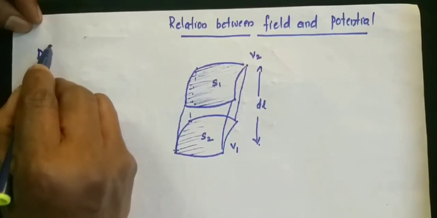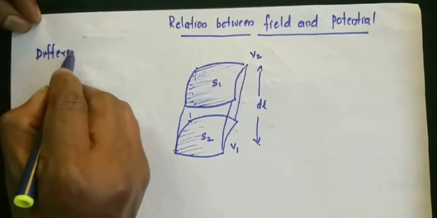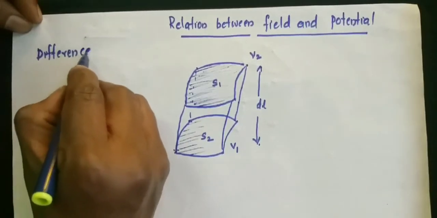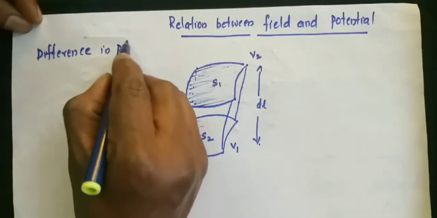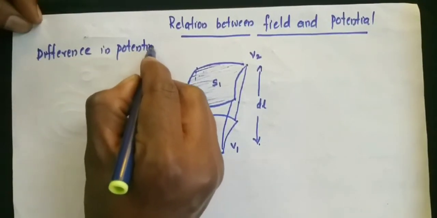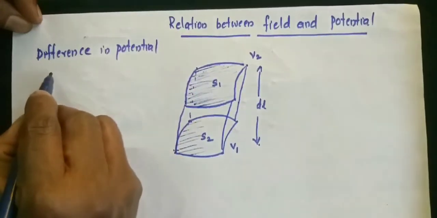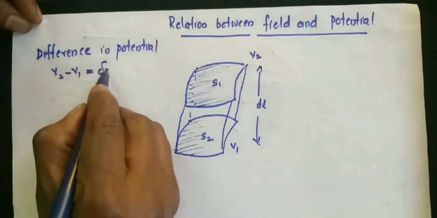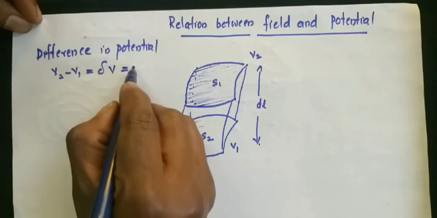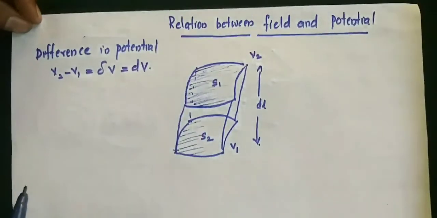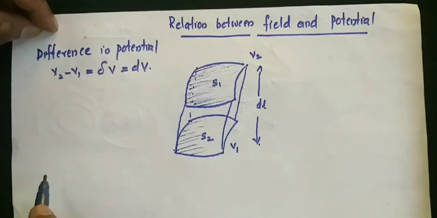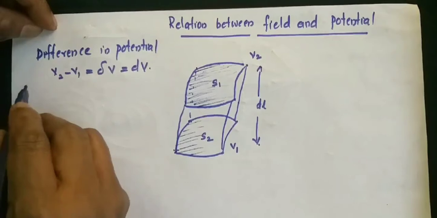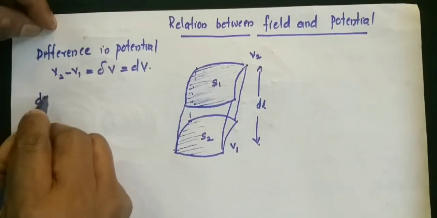So the difference in potential, I can write it as V1 minus V2, or you can write it as V2 minus V1 also. Anyway, if I take V2 minus V1 as the difference in potential, it will be delta V, which is equal to dV in full differential coefficient.